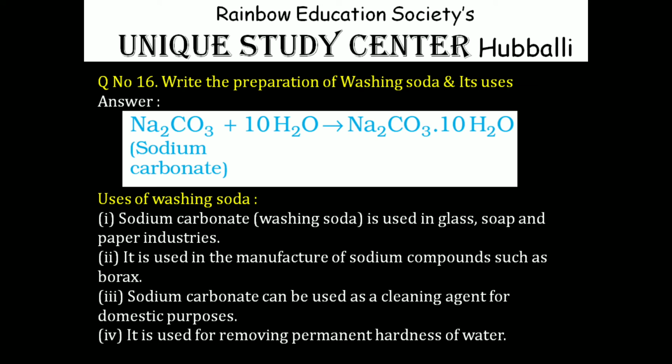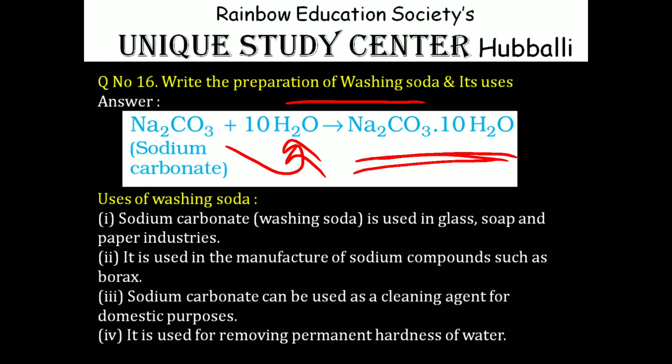Write the preparation of washing soda and its uses. The washing soda formula is hydrated sodium carbonate, Na2CO3.10H2O. It is called washing soda. Sodium carbonate, when it reacts with water, forms the hydrated compound of sodium carbonate.